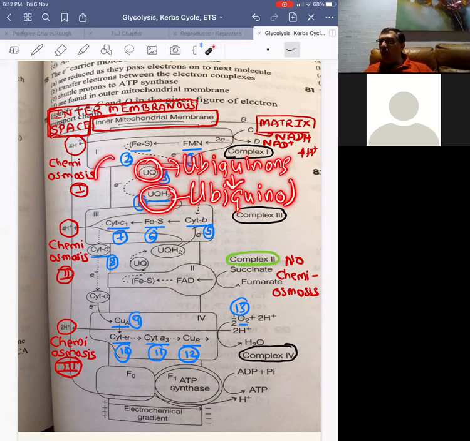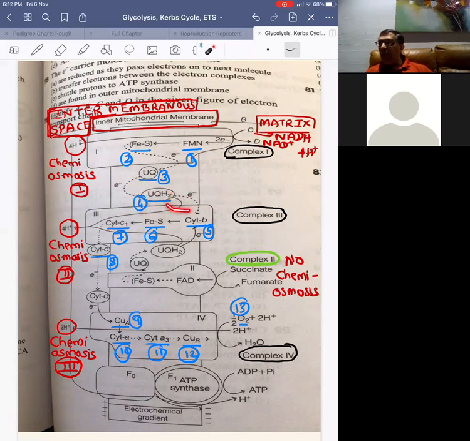In other words, coenzyme Q becomes coenzyme QH2. And then electrons, if you remember, coenzyme QH2 में से hydrogen will split to form protons and electrons. And electrons will first pass into cytochrome B. From cytochrome B, it will go to FES.